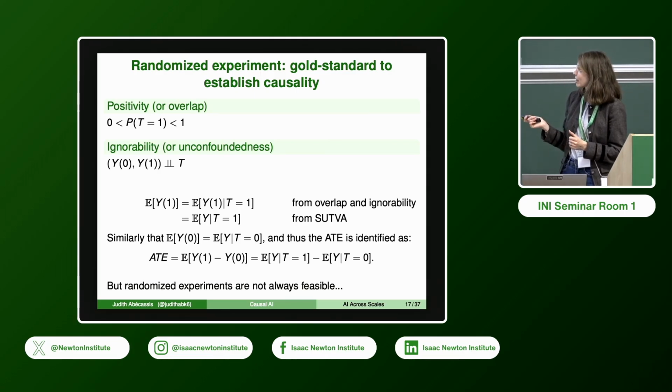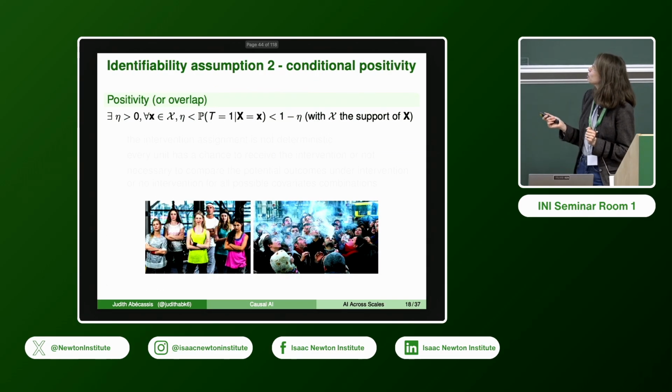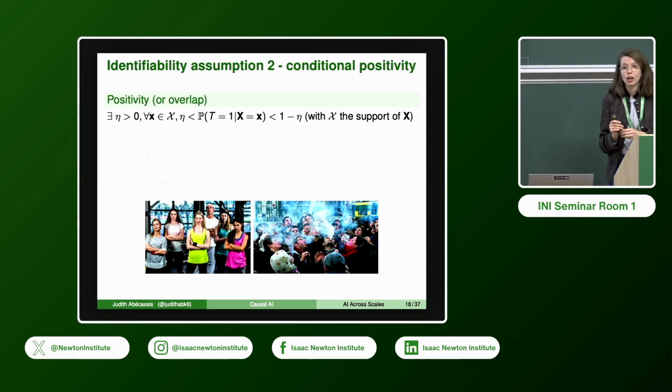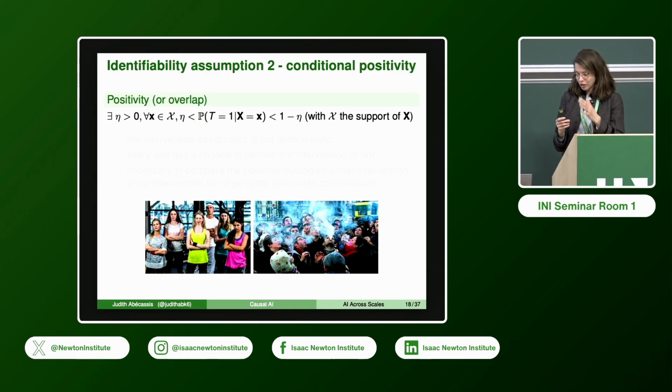So, if you remember, we can't always randomize the treatment, but we are sitting on a lot of data, so maybe we can use those, and have slightly relaxed versions of our identifiability assumptions to go back and try to do something with observational data.